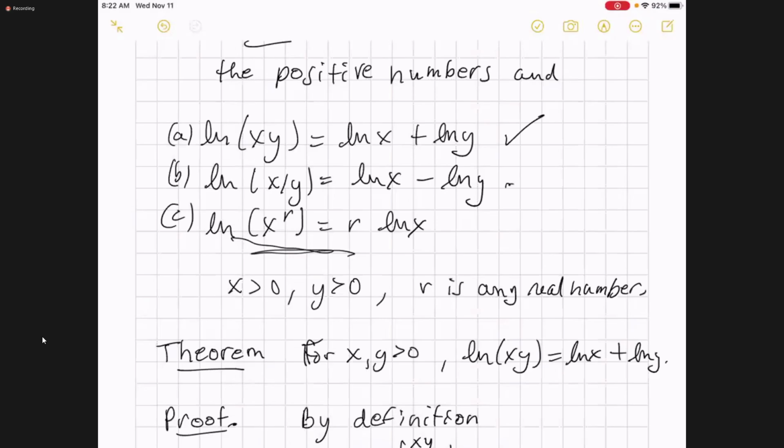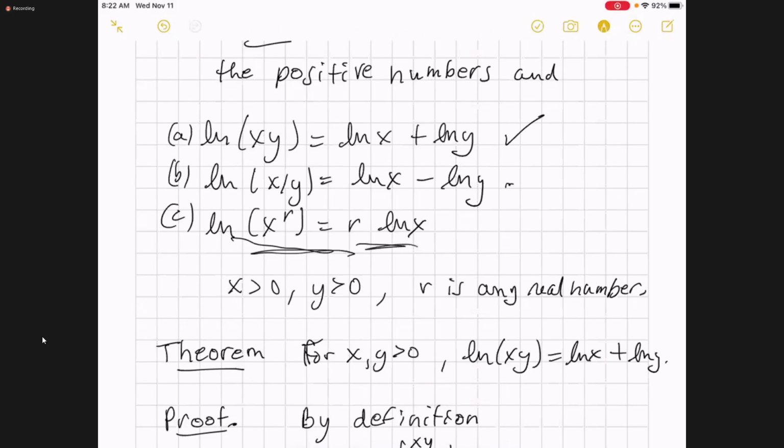Amazing that we have defined a function with calculus. We have defined this function ln of x in terms of definite integrals, and out of that definition. Kind of amazing.